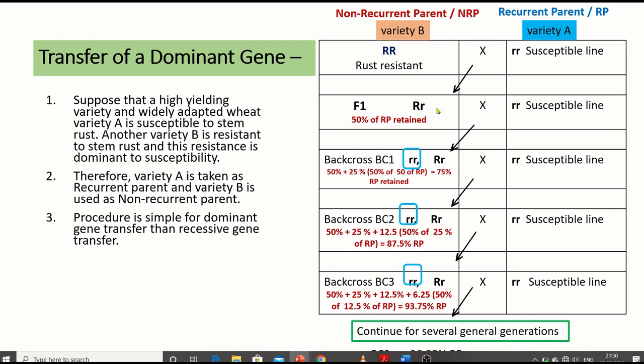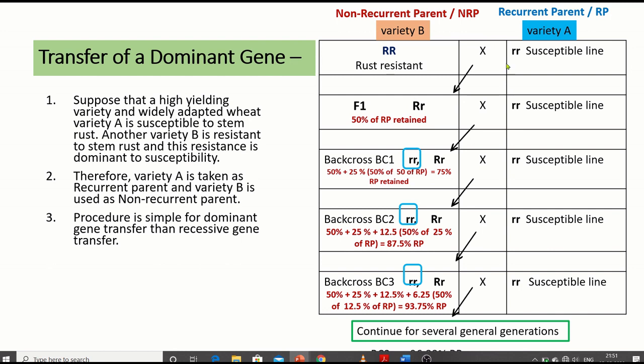50% of the recurrent parent is retained. We cannot release the hybrid as such, because most of the genes transferred from the donor parent are not beneficial, since they are not contributing to agronomic high yield. In fact it will lead to a decrease in yield in the F1.